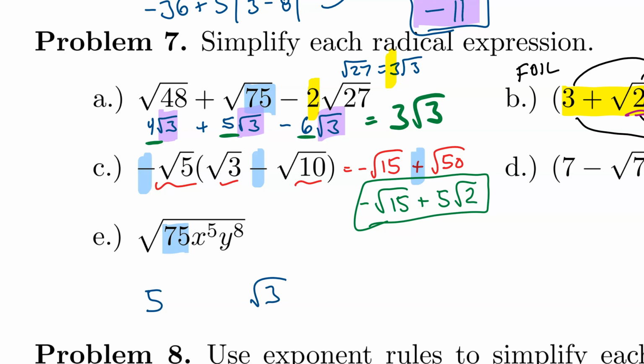But with the variable terms, I need to think carefully about what these exponents represent. X to the 5th power means x times itself 5 times. So I can take an even number of those x's, I can take 4 of them, and essentially the square root of that part is just x squared.